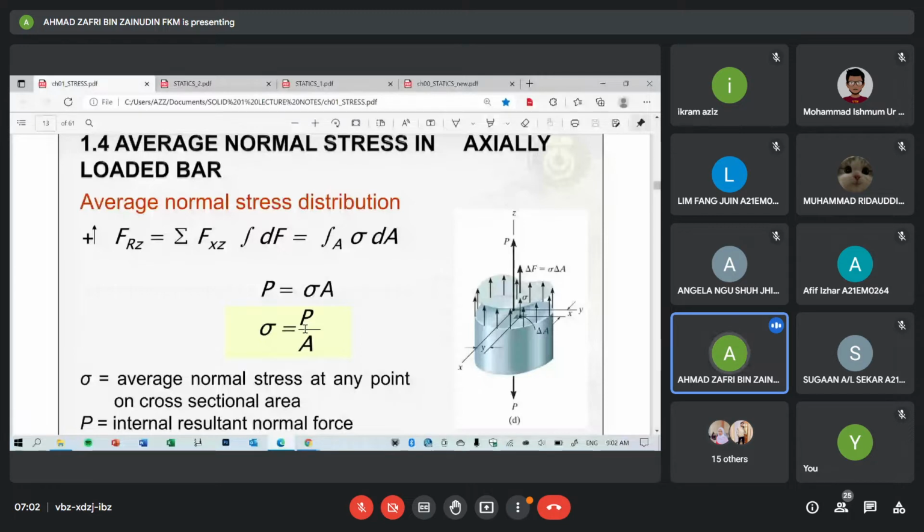Let's say this is the bar, loaded with this force P. This is the external force.